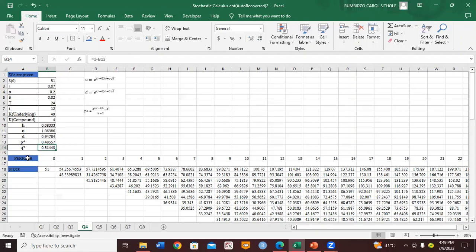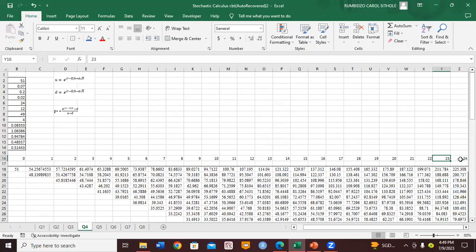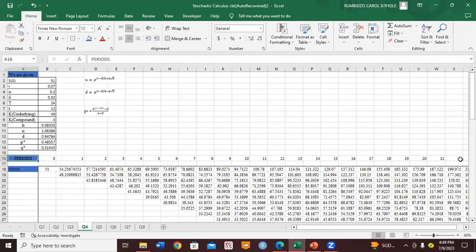So we'll first start our periods. We're told that it's 24 periods, so our periods here will end at 24. To calculate this binomial tree, we'll start with the stock. Our current stock price is 51, which we're given. When we're calculating a binomial tree, we start with our current stock, and then the next year it will be SU for the top, for up, and for down, it's SD.